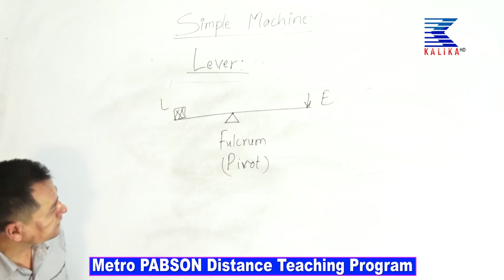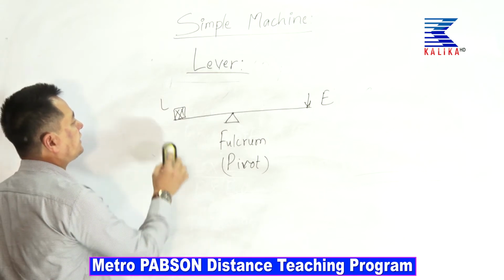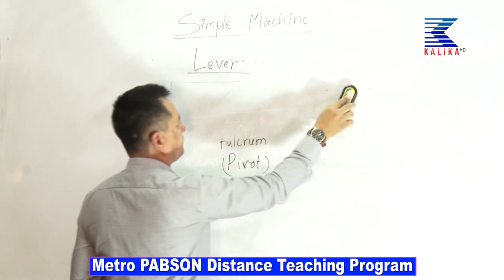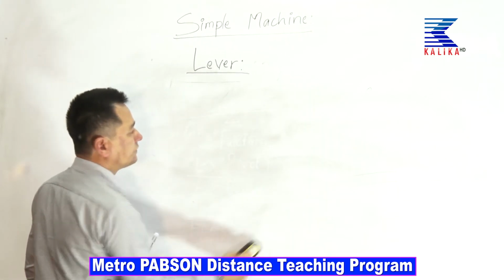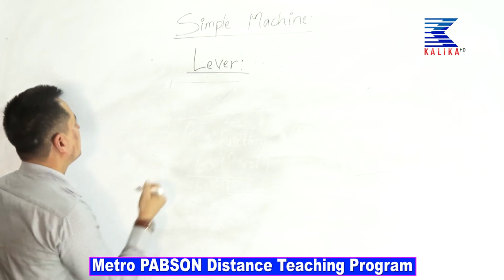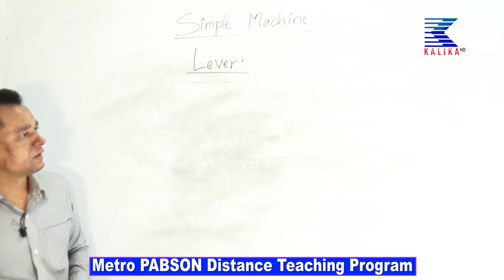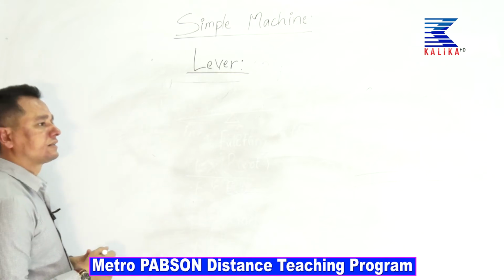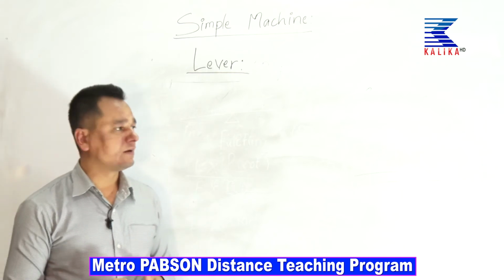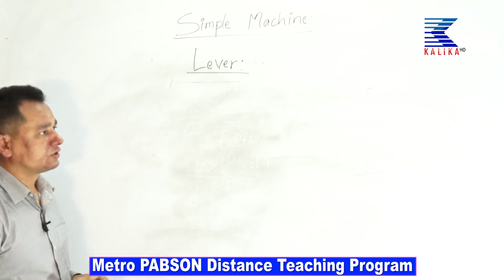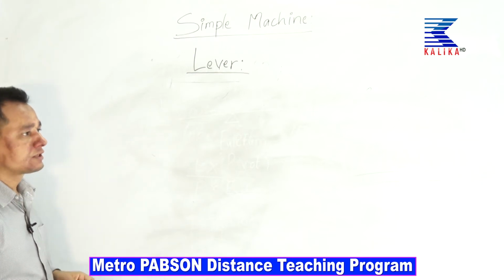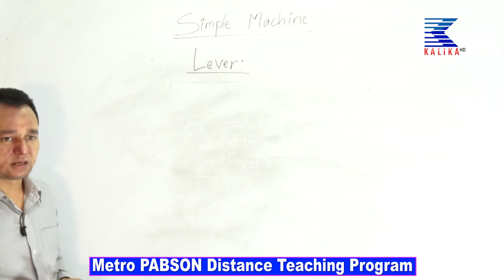Now, this lever is of three types: first class, second class, and third class. You can have a glance on the screen of the lever: first class, second class, and third class lever.